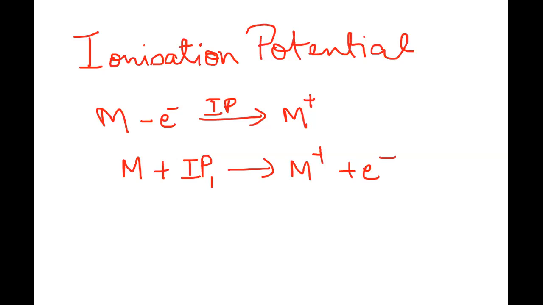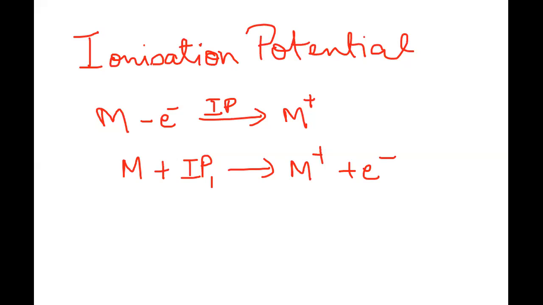Now coming to the ionization potential values when the second electron is pulled out from the same atom. It is simple to understand that if one electron has been pulled out from the atom, obviously the number of protons is now greater than the number of electrons. So when the protons outnumber the electrons, their hold on the electrons is much more than what it was earlier.